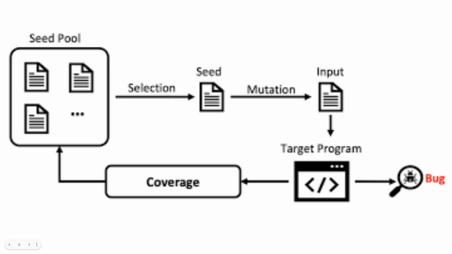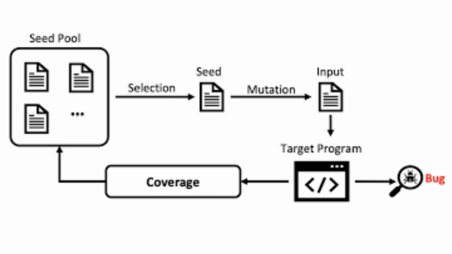Traditional fuzzers rely on simple heuristics to choose seeds. Some select inputs randomly, while others prioritize inputs that execute quickly or have smaller sizes. Although these strategies are computationally inexpensive and easy to implement, they lack awareness of relationships between inputs.